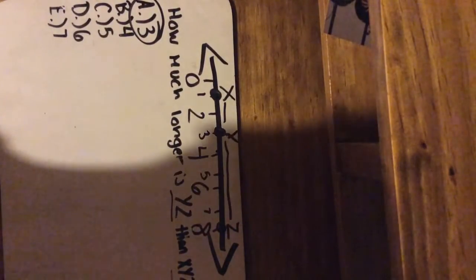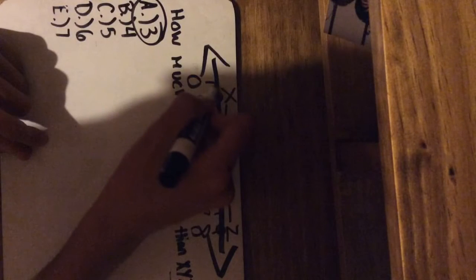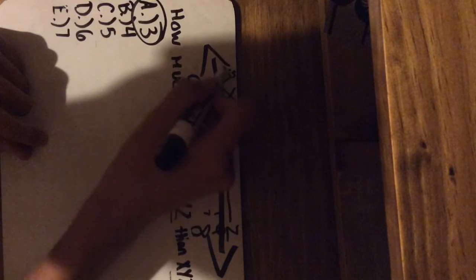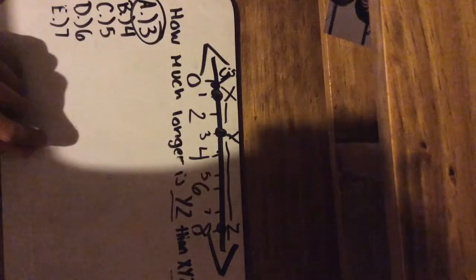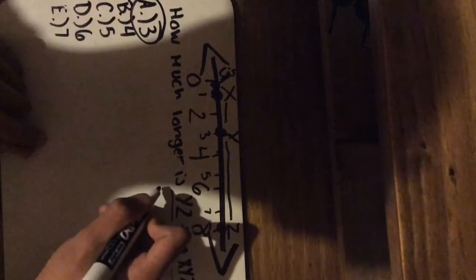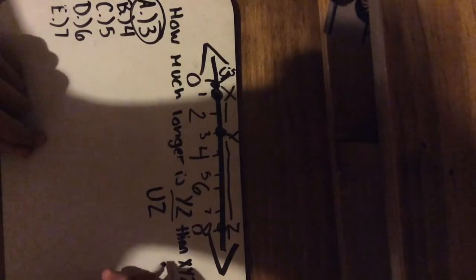Okay, so this problem is the hardest you're going to get, unless there are many people like myself that are scared of fractions or decimals. So since we can assume that this right in the middle is 1, right here, right in between the 0 and the 1, right in the middle, it can be a 0.5, and we can label that as U. Okay, so the question can ask, how much longer is UZ than, let's say, YZ?